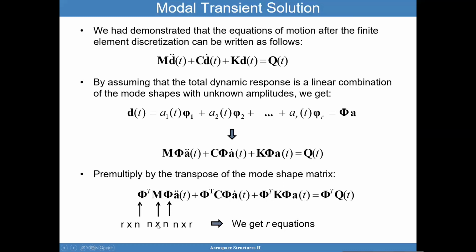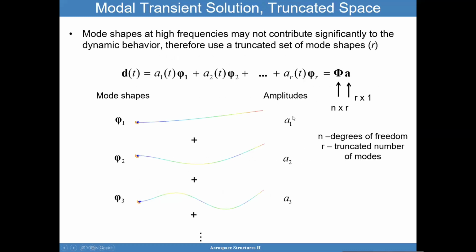This mass matrix is millions of degrees of freedom times millions of degrees of freedom. And then this one right here is millions of degrees of freedom times the number of unknown amplitudes. And these are the amplitudes that need to be found that multiply these shapes. Again, I'm trying to find how much of these mode shapes I need, and that's what these amplitudes are telling me.